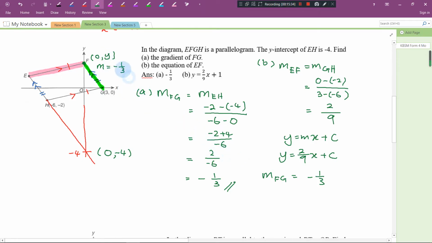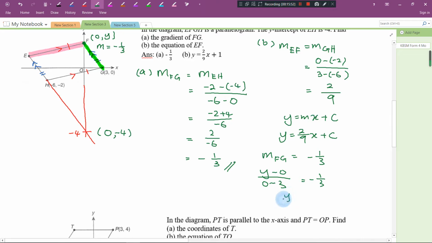So I just write this way: y minus 0 divided by 0 minus 3 will be equal to the gradient, which is -1/3. So this is y over -3, and this is -1/3. Both sides we have a negative, we can just cancel it. And then y is equal to 1/3 times 3. y is equal to 1.